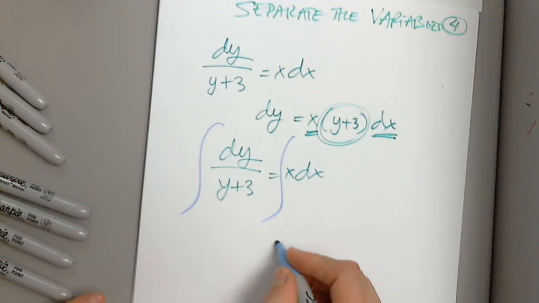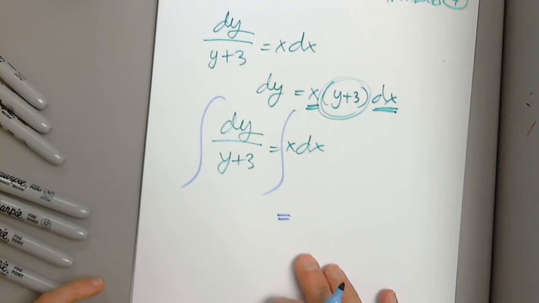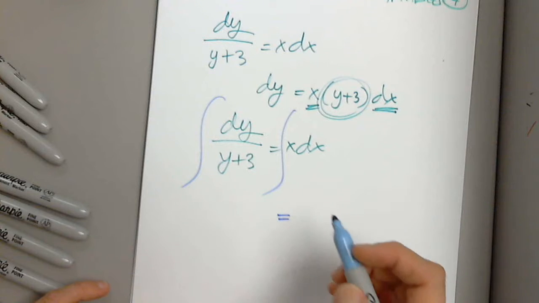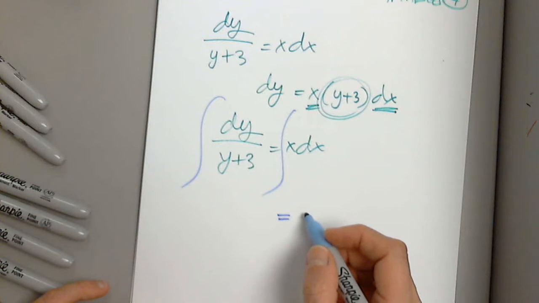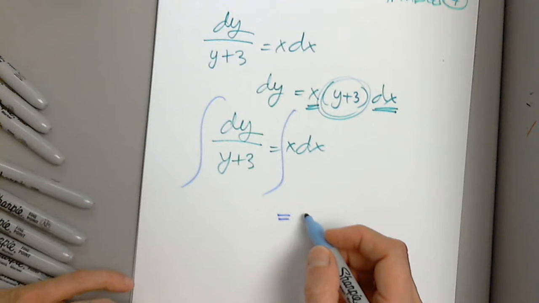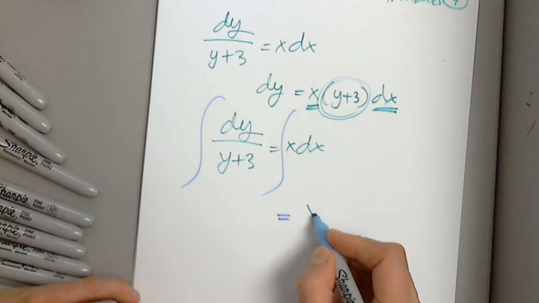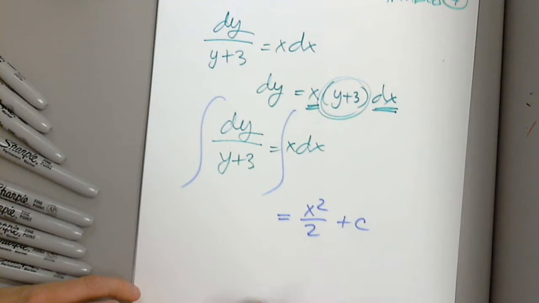Let's start with the right-hand side because that's easy. x squared over 2 plus a constant c. Perfect. What about the left-hand side? Which function prime is 1 over y plus 3?